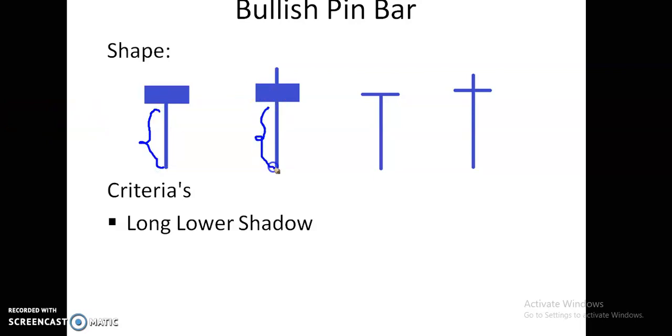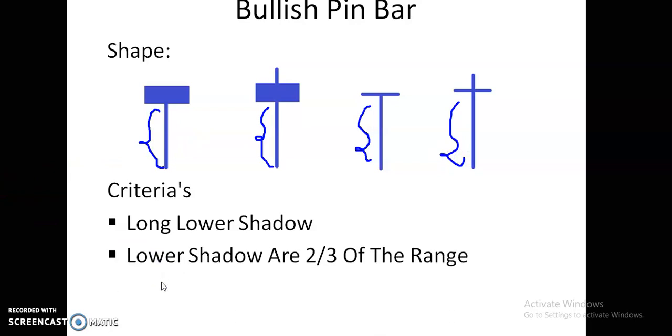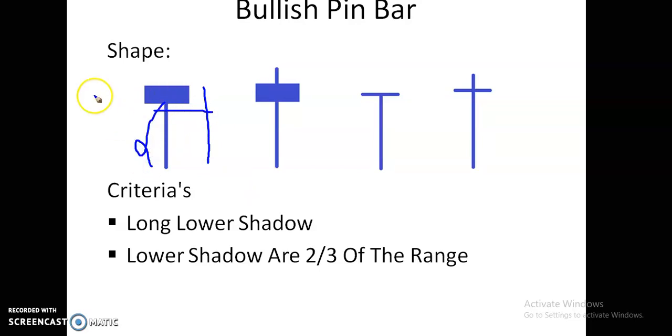Next criterion: the lower shadow is two-thirds of the range. This is the range of the candle, the entire range, and this is the two portions of the range, which you can call the shadow.